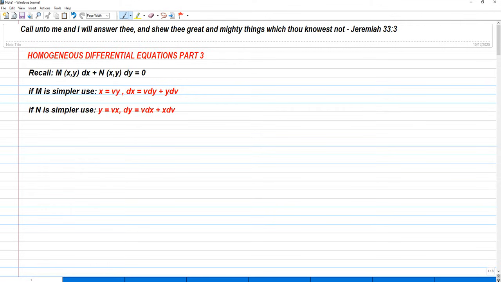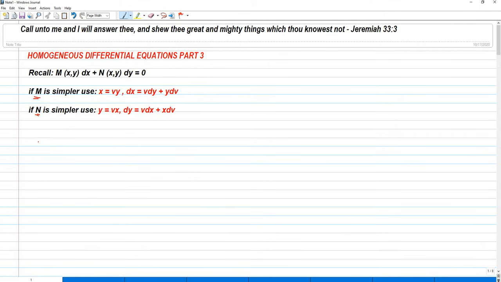If M is simpler, we must use the substitution x equals vy, and for the dx, that's v dy plus y dv. If the N in terms of x and y function is simpler, we can use y equals vx and dy equals v dx plus x dv.